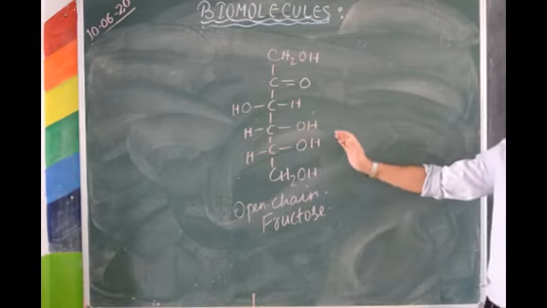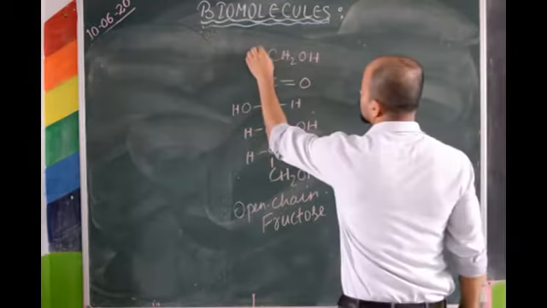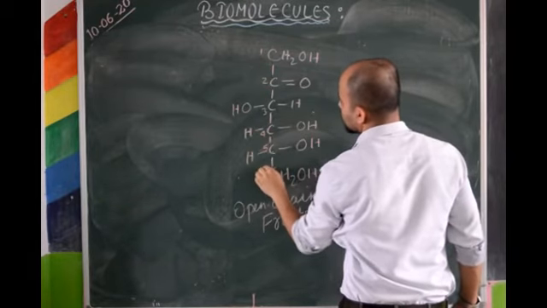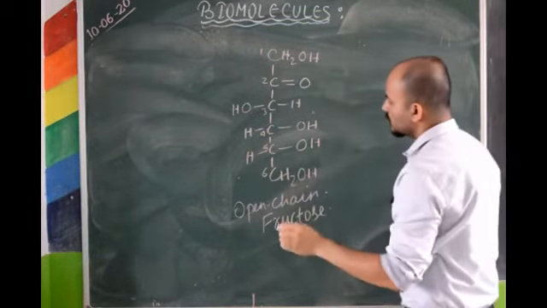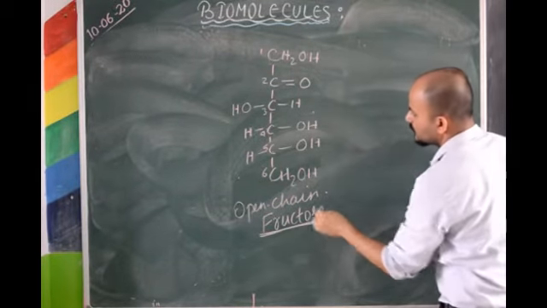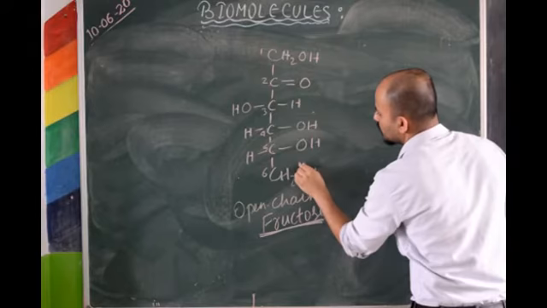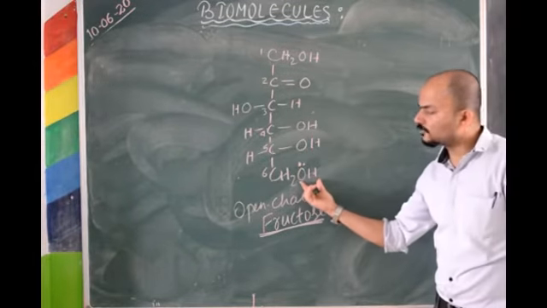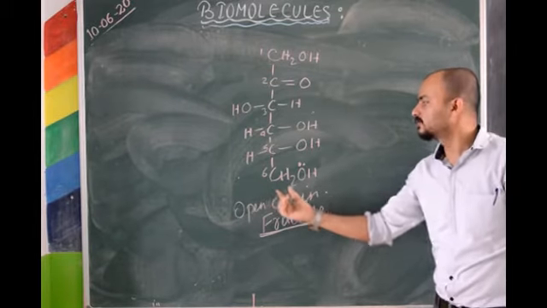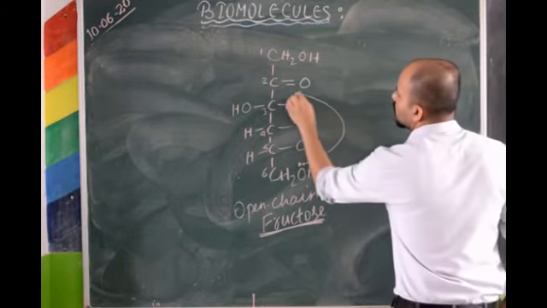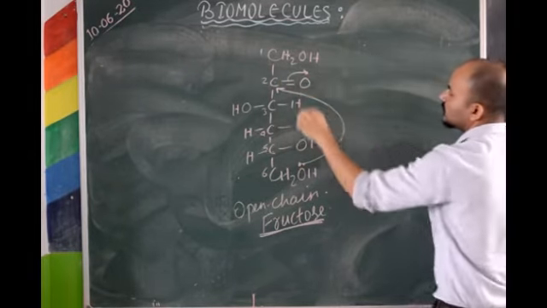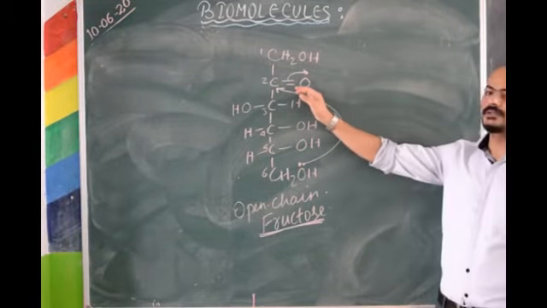Now, in case of fructose, this is carbon number 1, 2, 3, 4, 5, 6. What will happen is that the lone pair of oxygen of the OH group on the 6th carbon, please don't forget, will now form a bond with carbon number 2.